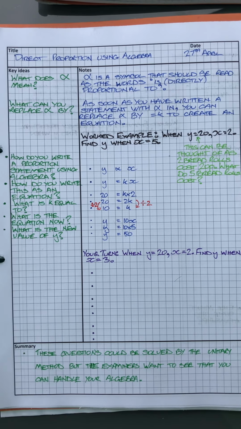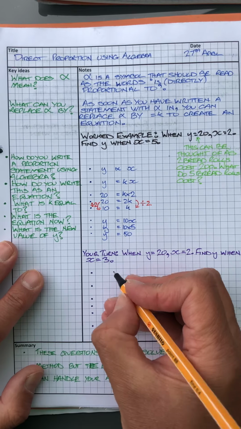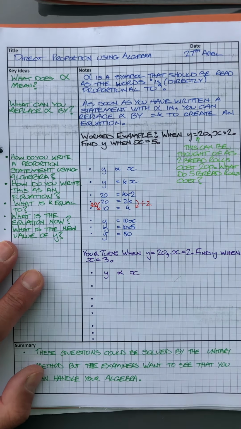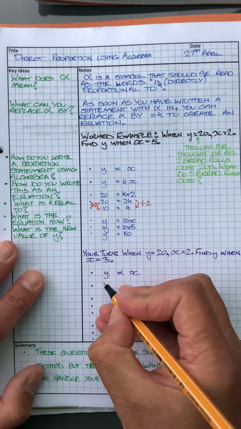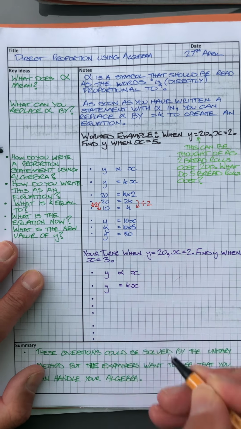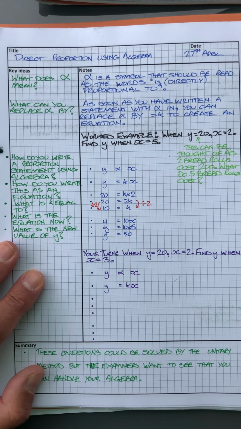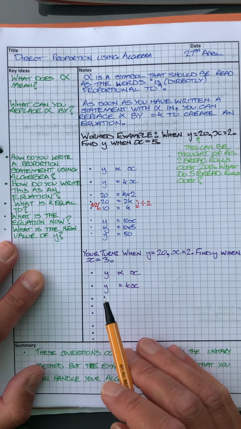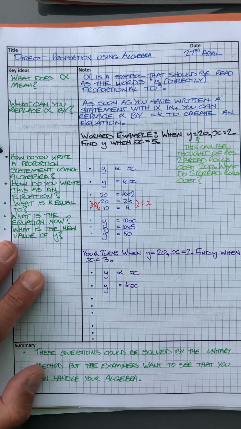Right, let's have a go. So, y is proportional to x, that's how we always start off, and we always then write y equals kx. So that's the same every time. We then replace y and x by these numbers here.